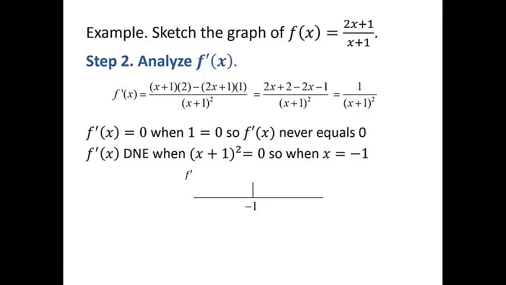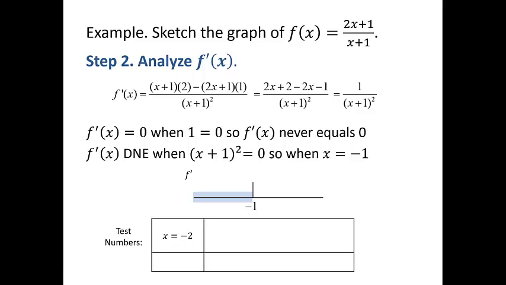Now this divides our number line into two intervals, all x values less than negative 1 and all numbers greater than negative 1. We need to determine whether our derivative f prime is positive or negative on each of these two intervals, and so we'll use test numbers. First, we need to pick any number less than negative 1. How about x equals negative 2?